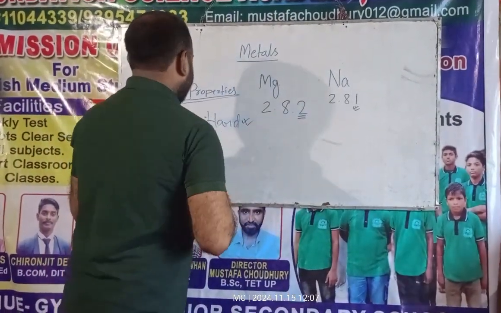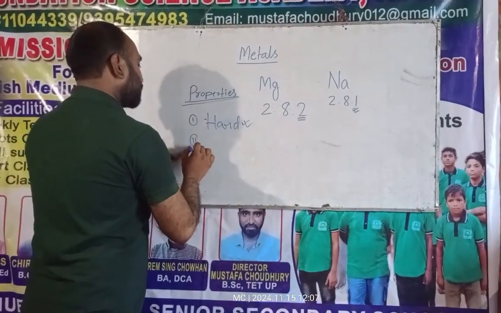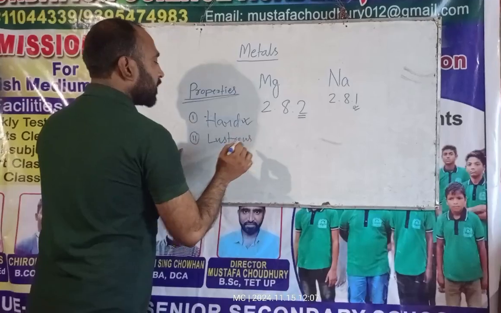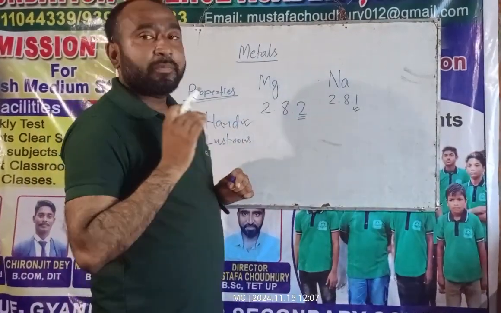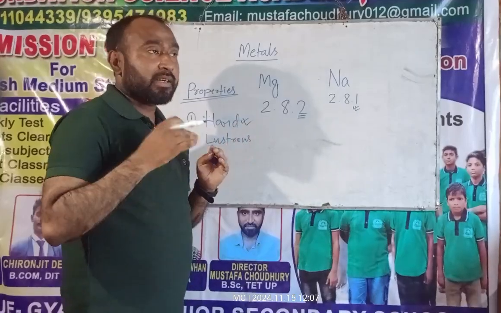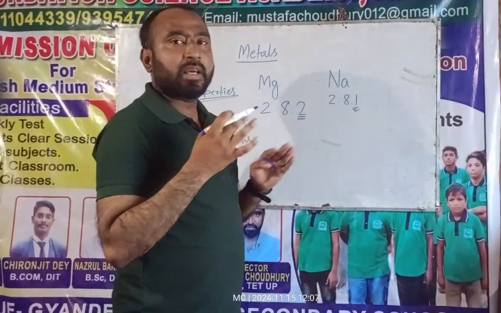Metal is always hard. Number 2: lustrous. The surface of any pure metal is lustrous. Lustrous means a bright surface.